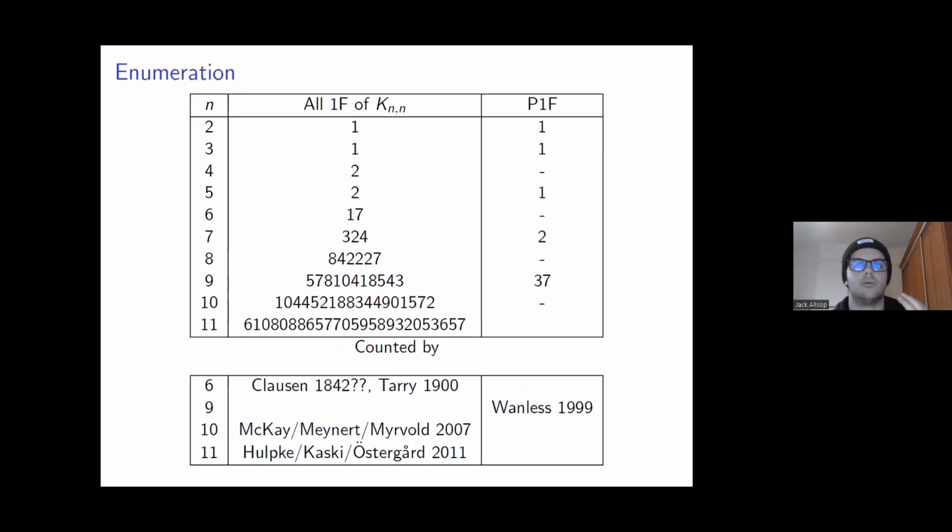And this table tells us the same thing. It says that one factorizations of Kn,n are relatively common, but perfect one factorizations are not common at all. So yeah, finding perfect one factorizations of these graphs is a hard problem.